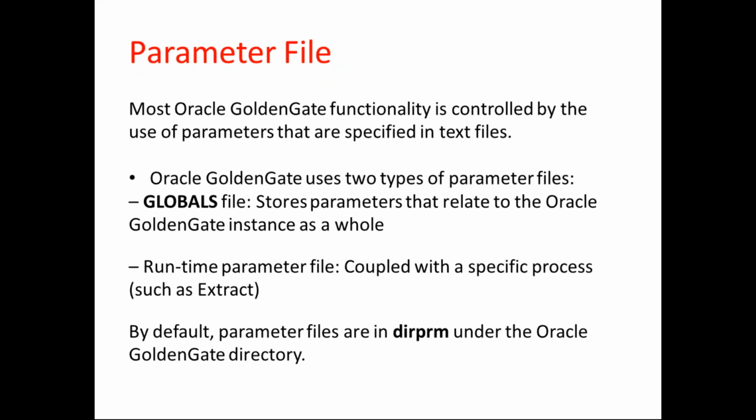You know the profile file in Unix, and also in Windows as well. There can be such files created that just execute when you log in to the Unix shell. In the same way, when you log into GoldenGate, you can create one global parameter file. It's optional. For example, you may want to log into the database immediately when you log into GoldenGate, so you put in a file that logs into the database when it is created.